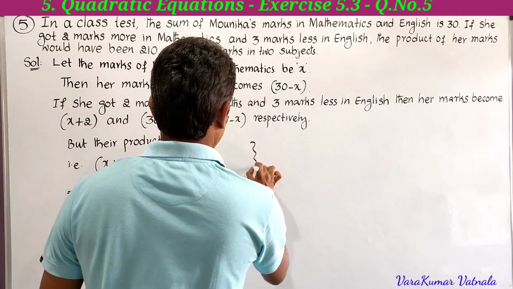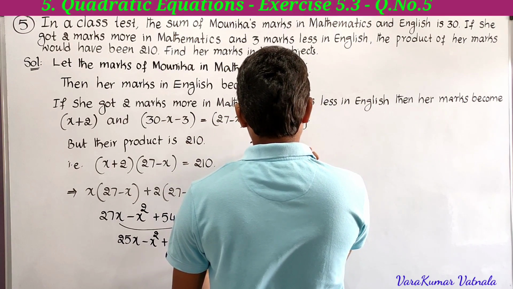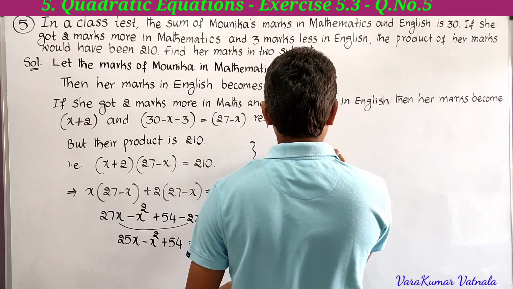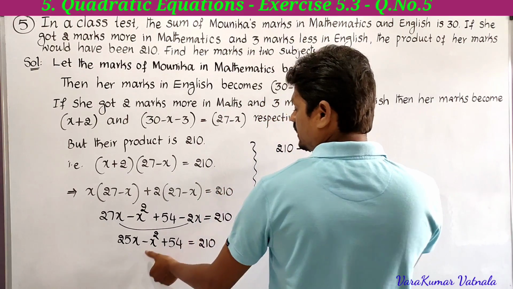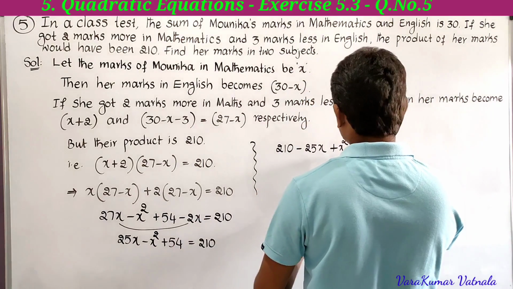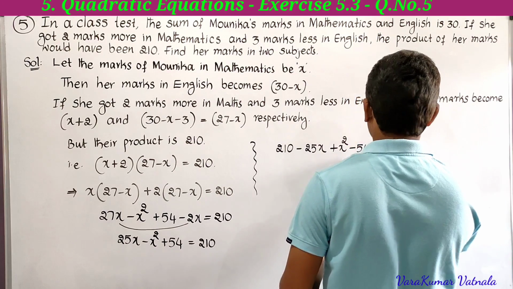Here already 210 is there. Plus 25x becomes minus 25x, minus x square becomes plus x square, and plus 54 becomes minus 54, is equal to 0.